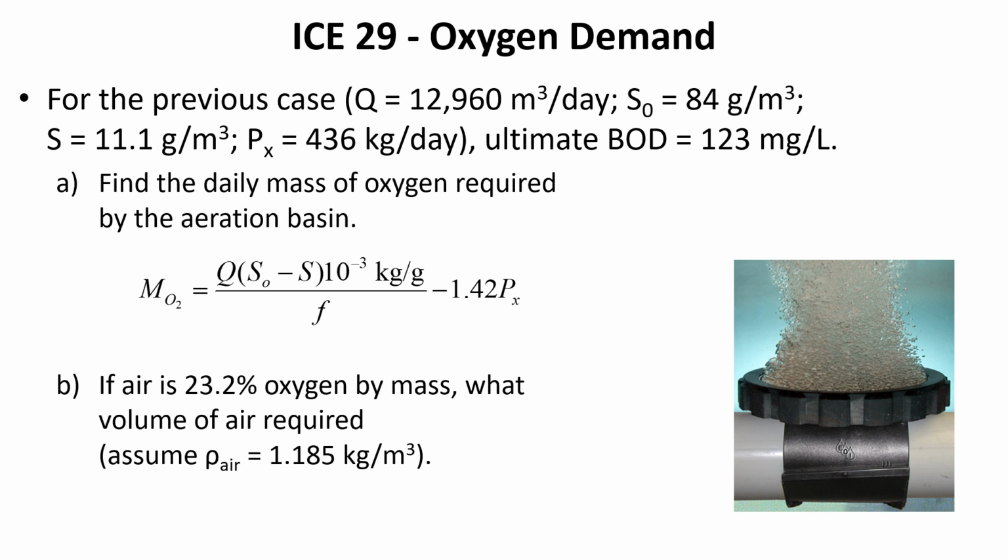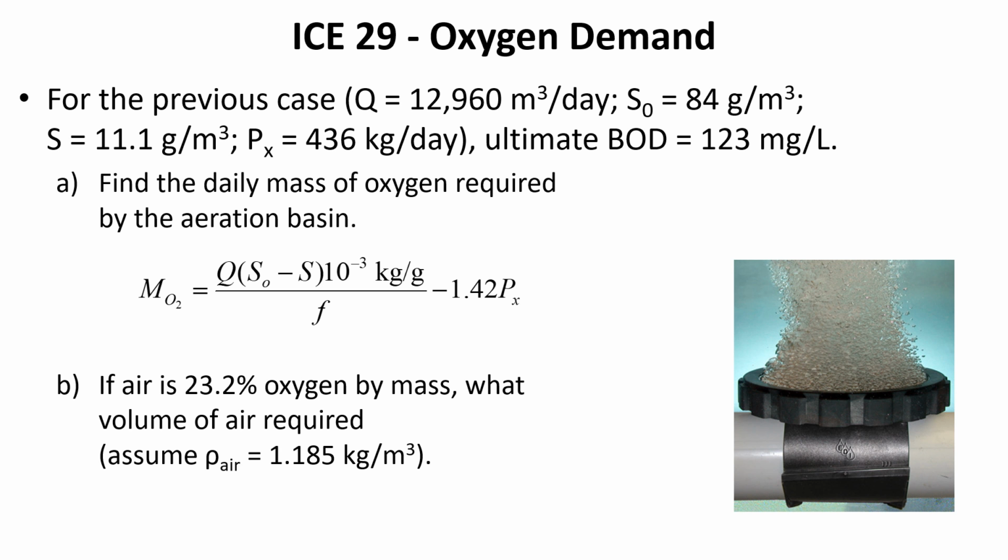If we multiply 1.185 kilograms per cubic meter by 0.232, that suggests there's 0.275 kilograms of O2 per cubic meter of air. So we're getting 0.275 kilograms of oxygen for every cubic meter of air.